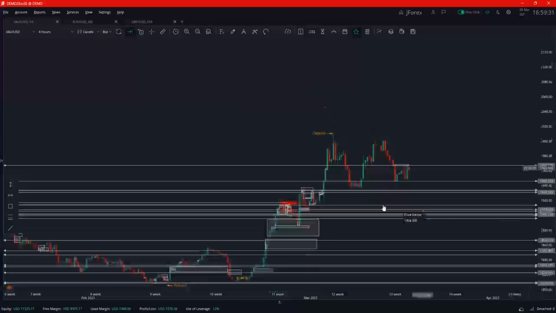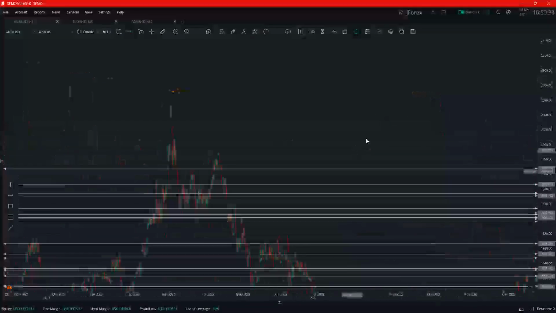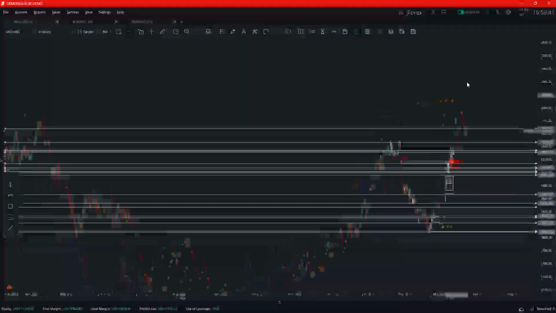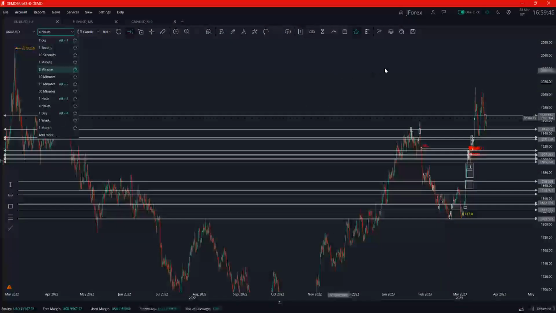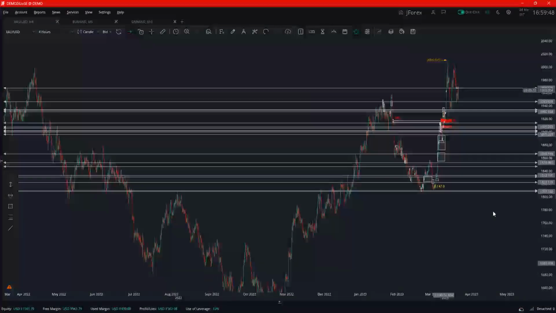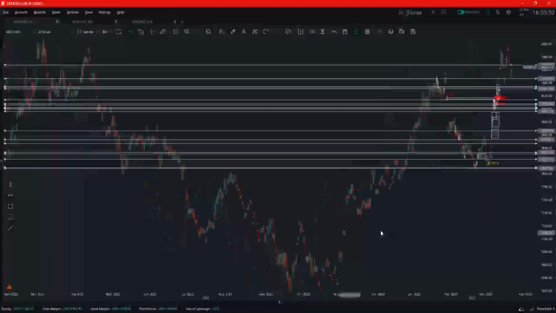Let's look at gold. I think gold is a good trade here. And I think the most important thing when you're looking at the chart is to look at the higher time frame. The higher the time frame you look at, obviously you'll get a better picture of what's going on.